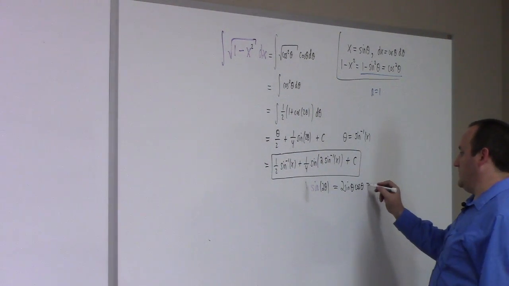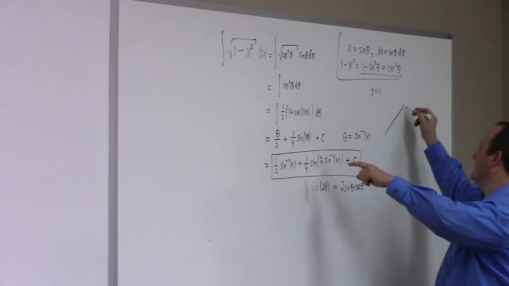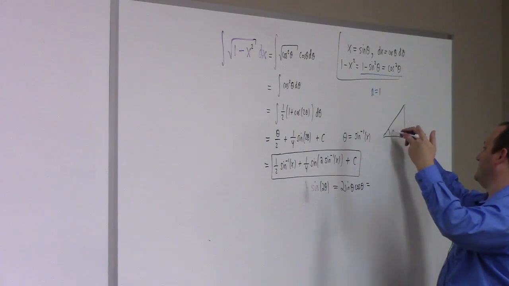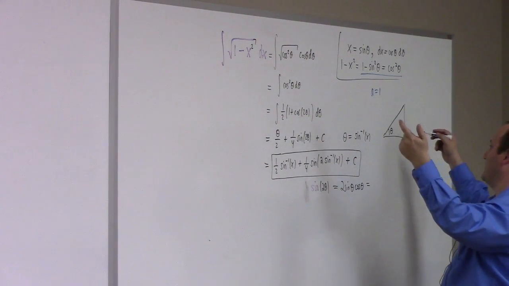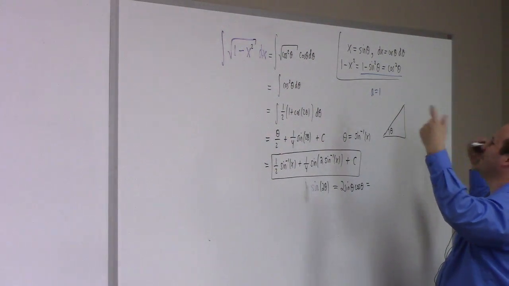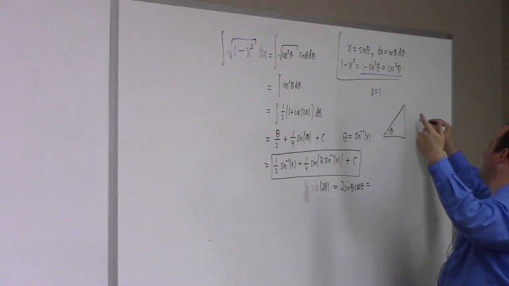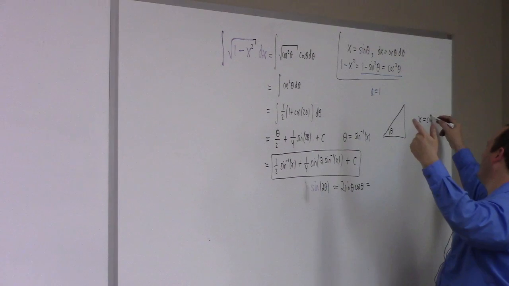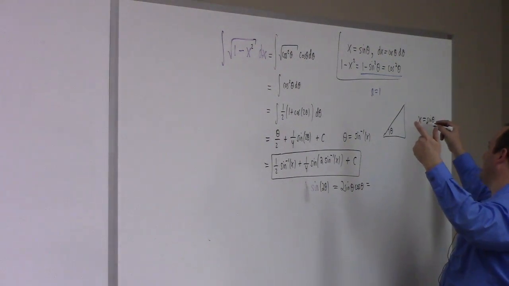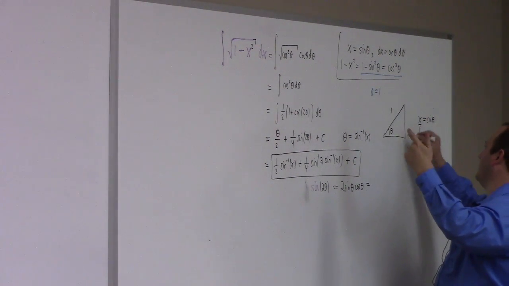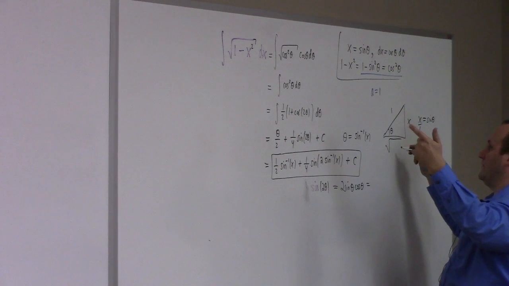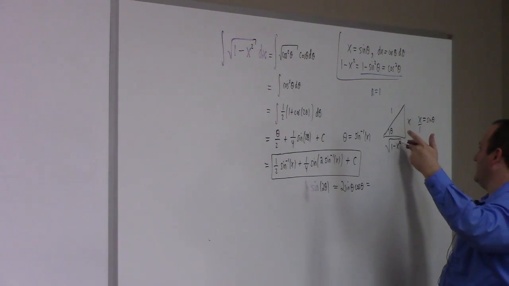So this, in terms of the triangle here, I didn't bother because, like I said, x equals sine theta, right? So that means that x over 1, so the hypotenuse is 1, the opposite is x. Here you got your square root of 1 minus x squared.